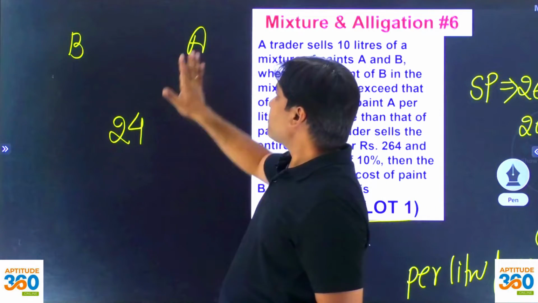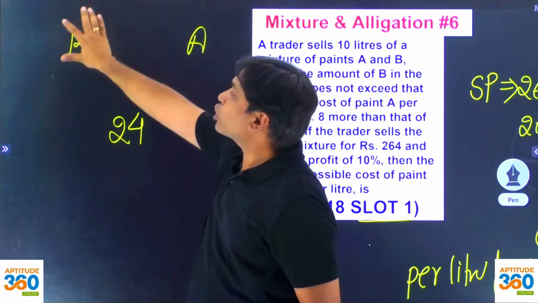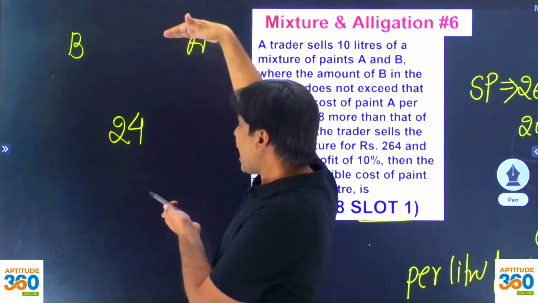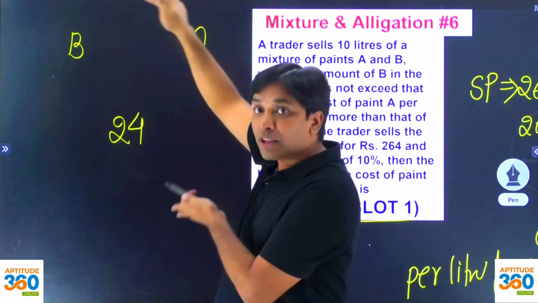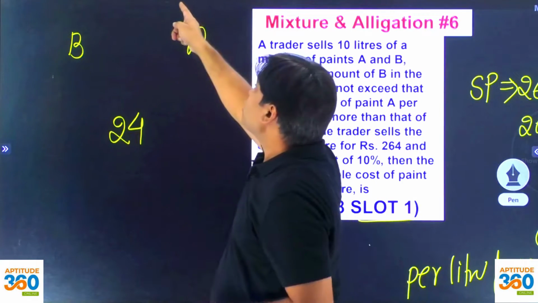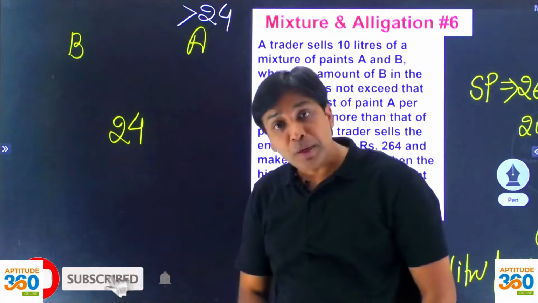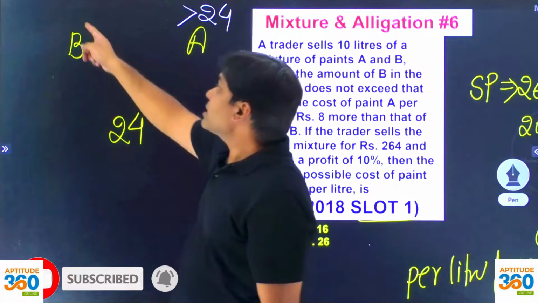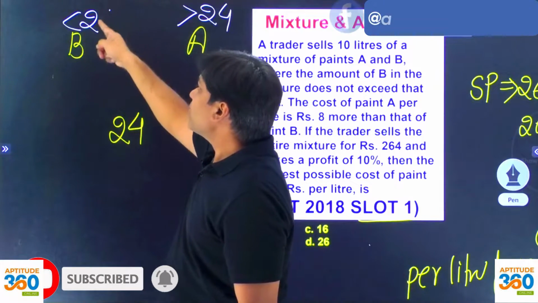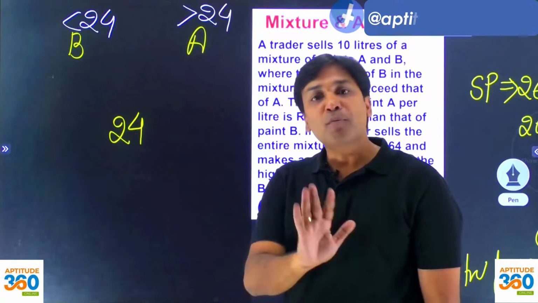So what does this mean? That the cost of A obviously is going to be more than cost of B, and if you really want to apply the method of alligation, you should be aware of this fact that the price of A will have to be more than 24, whereas this will have to be less than 24. B cannot be more than 24. That's for sure.